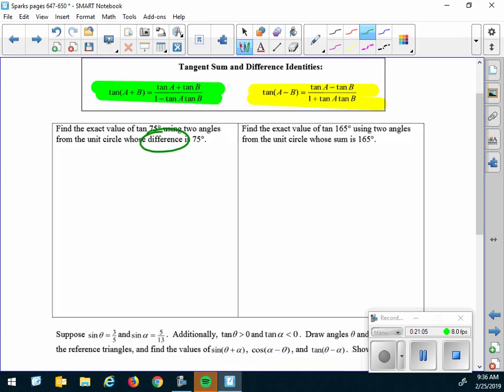Okay, so I got to come up with two angles that you could subtract that I know about to give me 75 degrees. Yeah, let me see here. 120 minus 45 work? Yep. Let's do 120 minus 45.